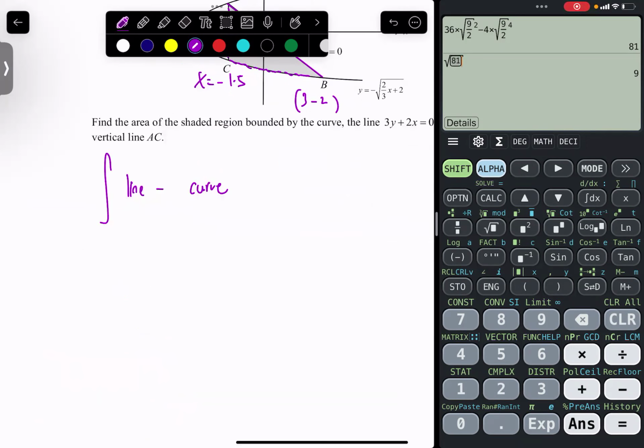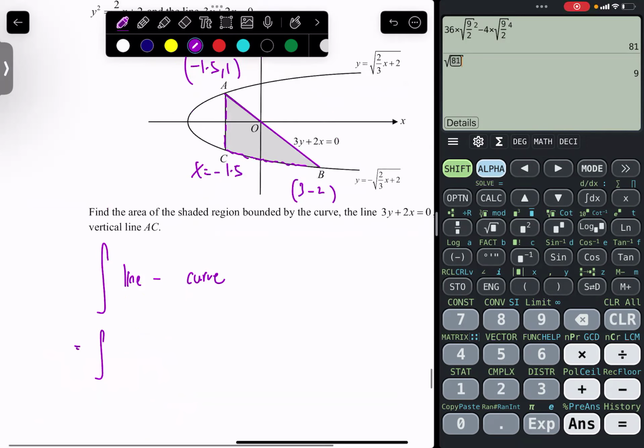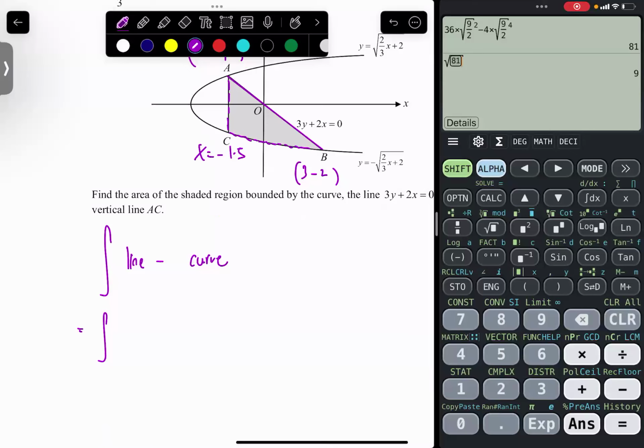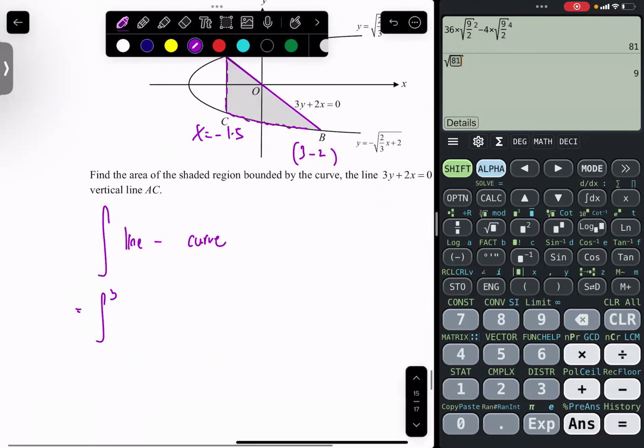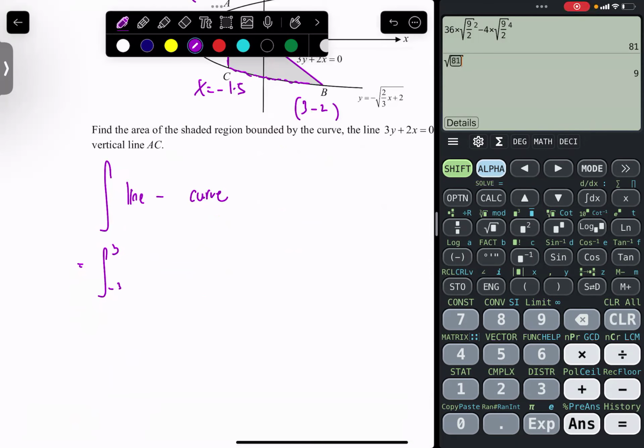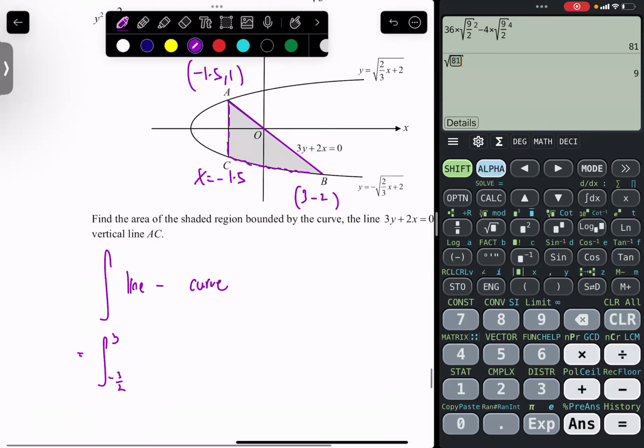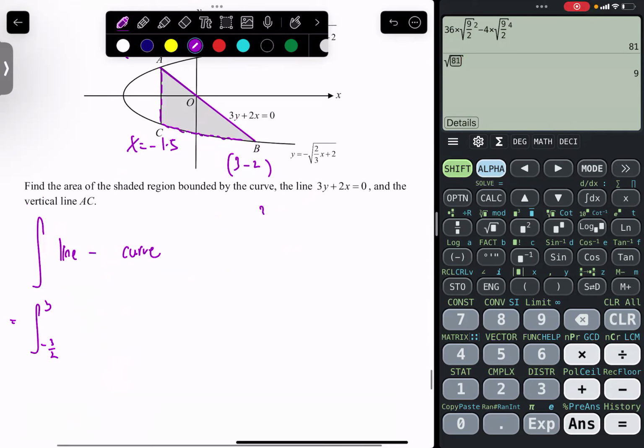So that will be equal to, B is 3, A is -3/2, of the line. We need to convert 3y plus 2x equals 0, 3y equals -2x, y equals -2/3 x.